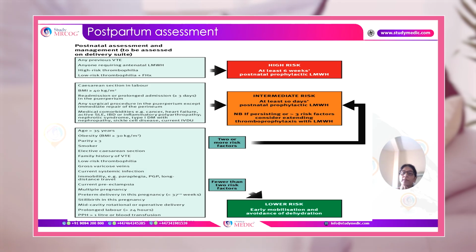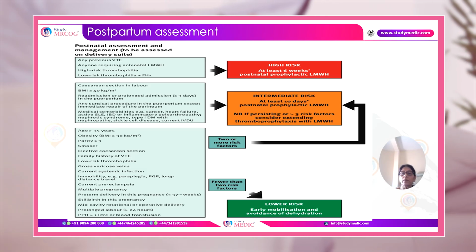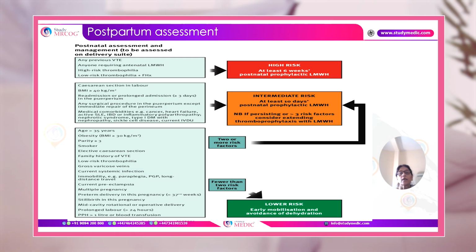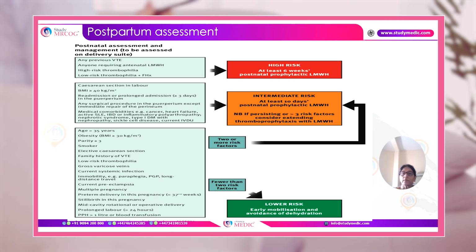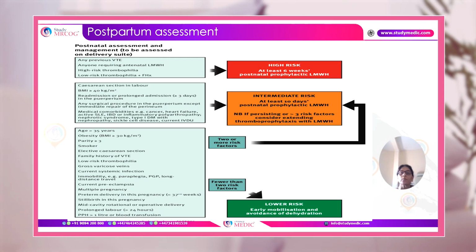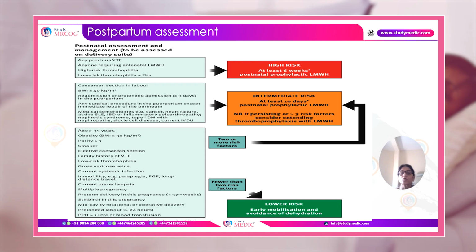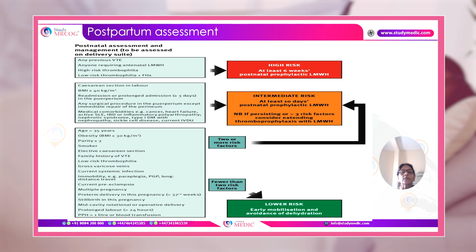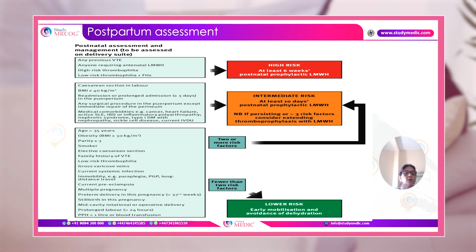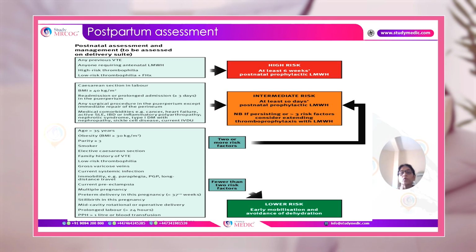Those who have intermediate risk factors are given it for a period of at least 7 to 10 days. If the risk factors are persisting or there are more than 3 risk factors, then you can consider giving it for a period of 6 weeks. These are again all the risk factors that you have to be aware of.